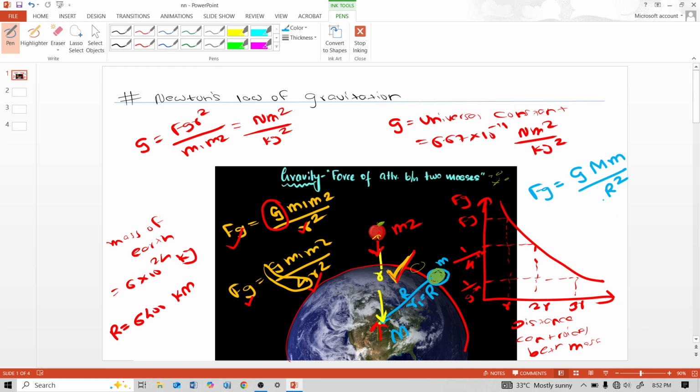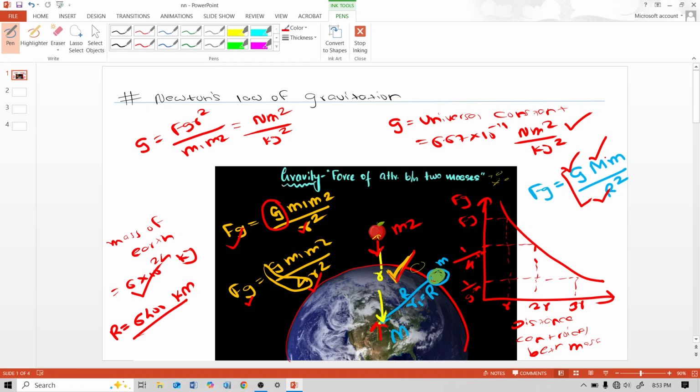So see, we know that the radius of earth, I told you, is 6,400 kilometer. We know the mass of earth also, 6 into 10 raised to 24 kg, and the gravitational constant is 6.67 into 10 raised to minus 11 newton meter square per kg square.